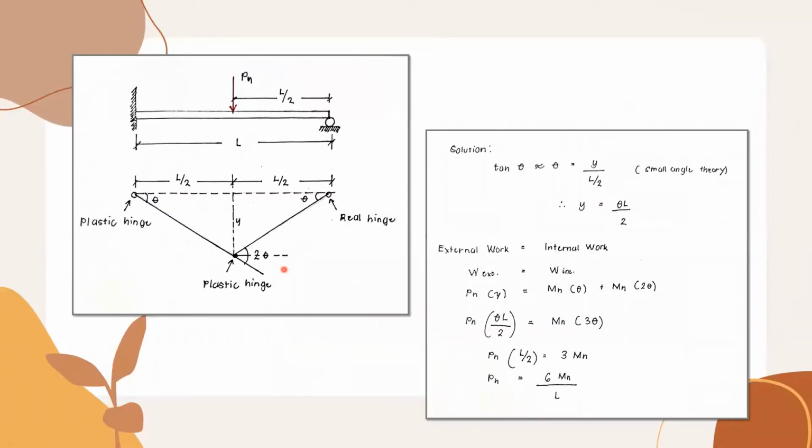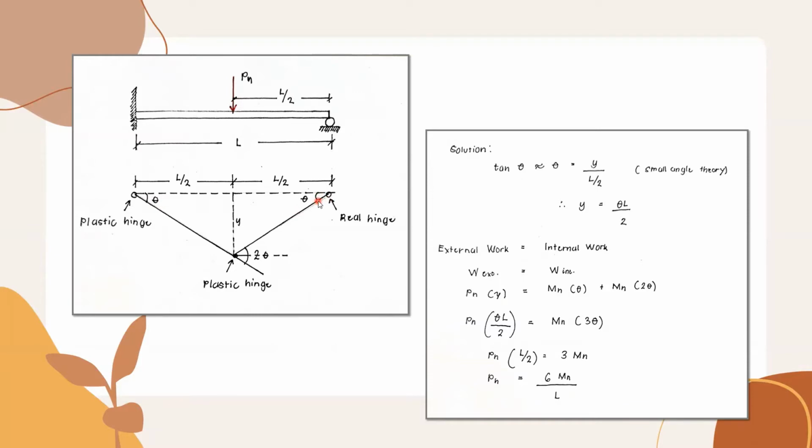So, ito po yung figure ng collapse mechanism. Because of the symmetry, L over 2 and L over 2, the rotation theta at the ends of the plastic hinges are equal. So, plastic hinges at the end of this is theta and dito din theta.